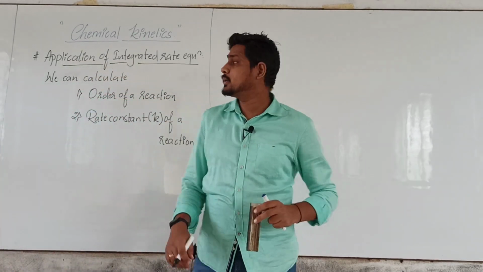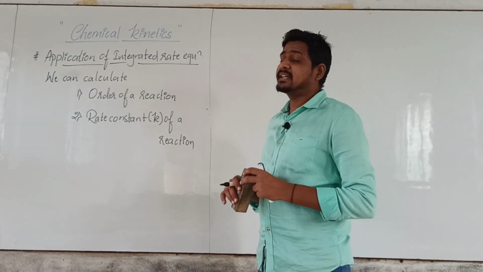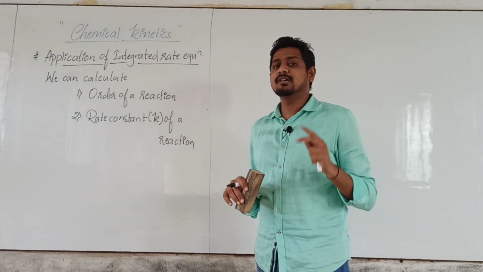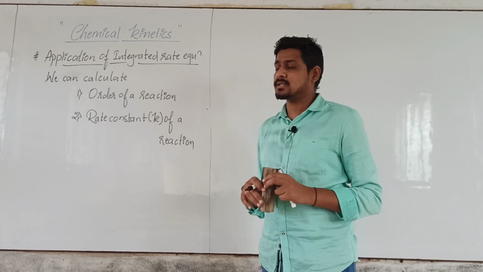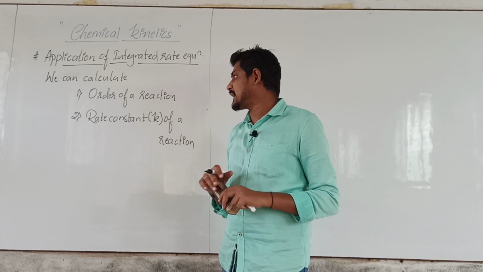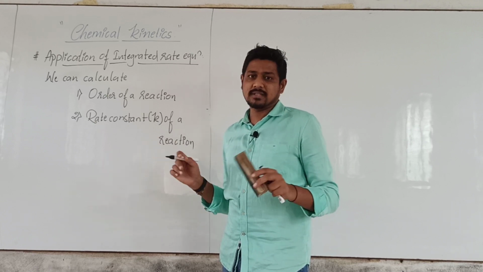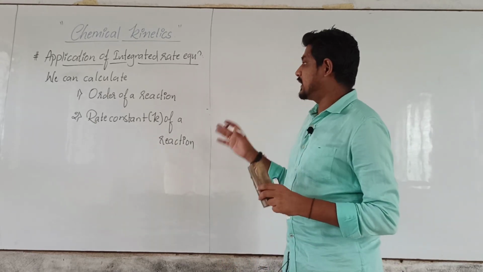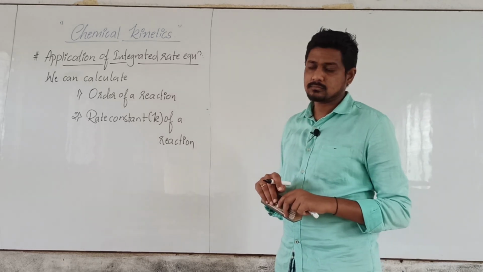Okay, so the integrated rate equations will help us in 2 ways. One, we can calculate the order of a reaction, and second one is we can calculate the rate constant for that reaction. Okay, now let us see how do we calculate.